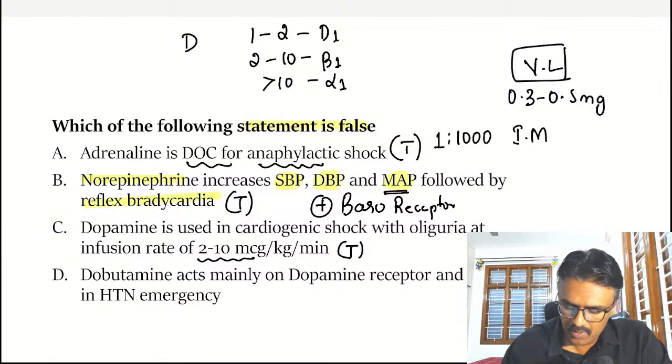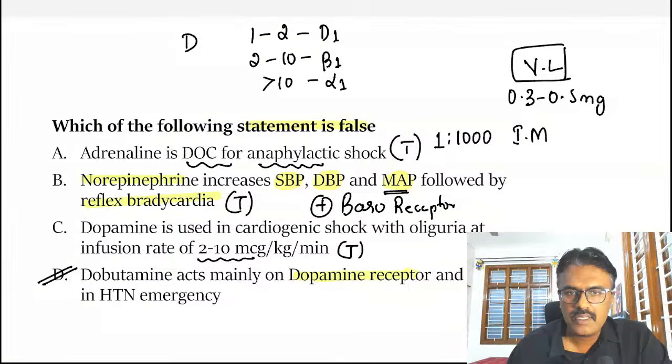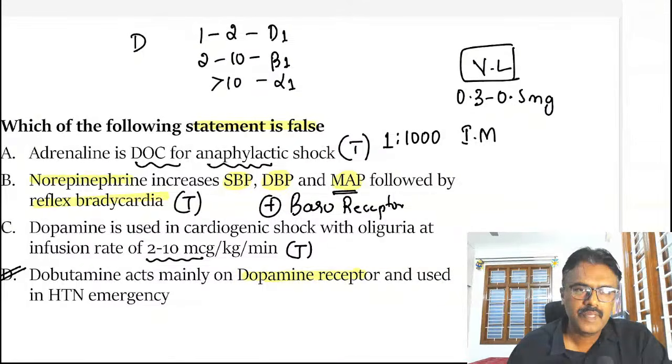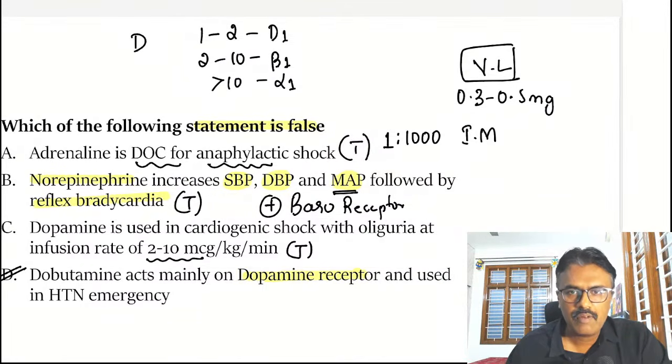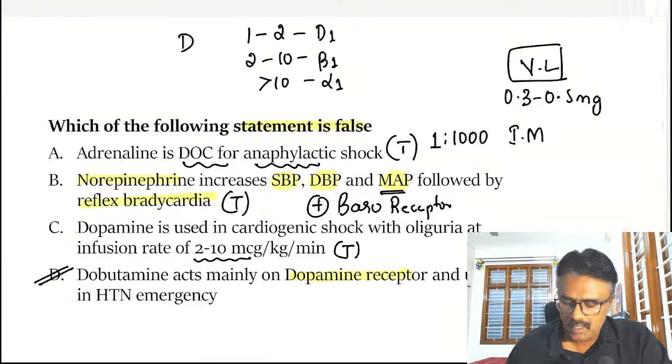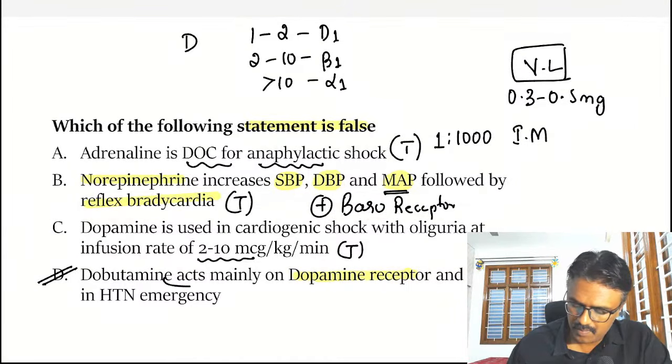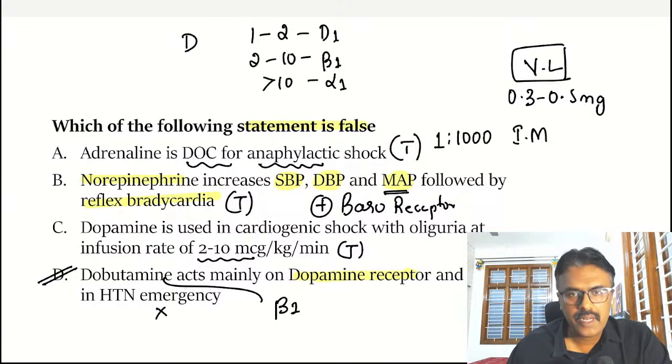Since all three are true, which will be the false one? Dobutamine mainly acts on dopamine receptor and is used in hypertensive emergency. It's a false statement. Dobutamine never works on the dopamine receptor. Dobutamine mainly acts on beta 1 and it's not used in hypertensive emergency.